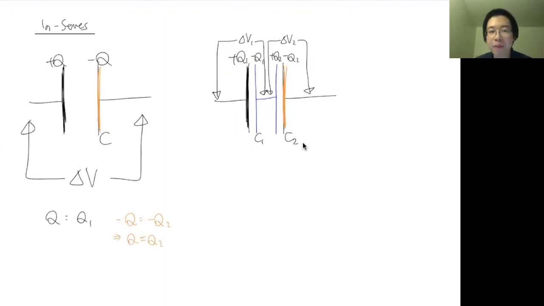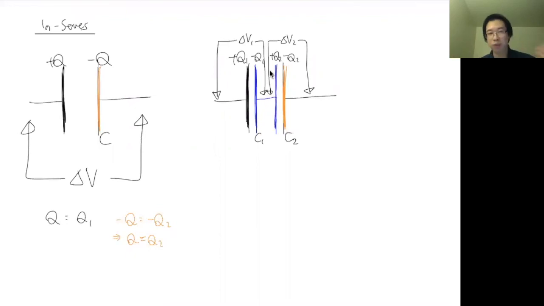How about in the middle, in the blue part? If I stare at the blue part over here, this side I have minus Q1 of charge, but this is a neutral piece of metal. Remember, I just put a conductor there. And if there is minus Q1 on one side, the other side should be positive Q1. So Q1 has to equal Q2. So that's another thing I learned. There's many ways to think about it.